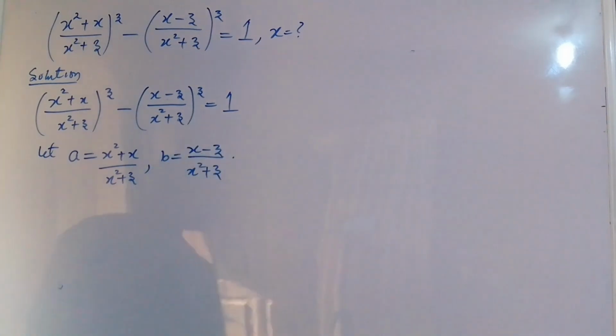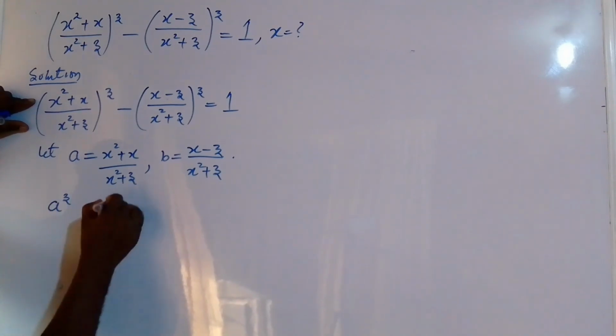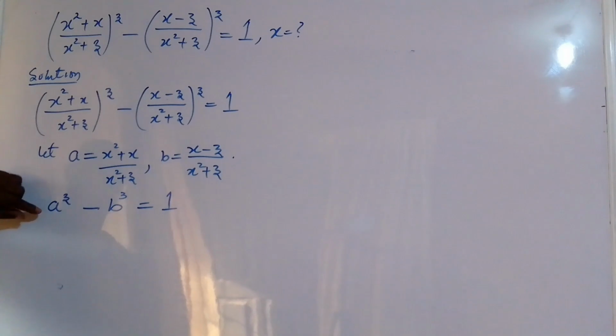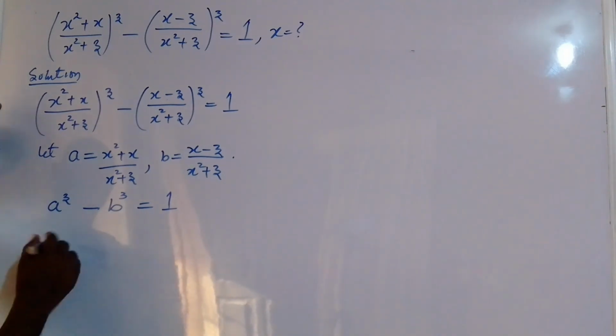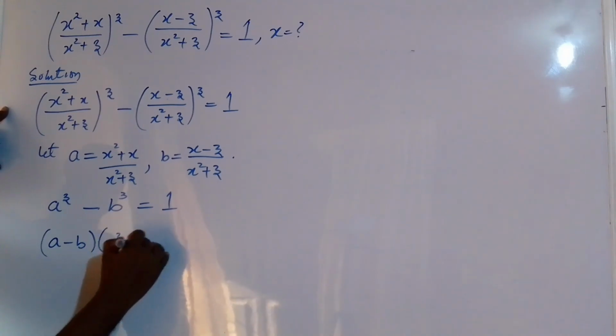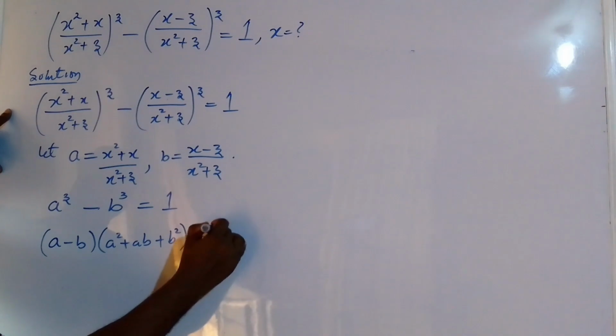Now, if we agree on this, the equation becomes a cubed minus b cubed equal to 1. And then we're going to use the algebraic identity for difference of two cubes, and that will be (a minus b) times (a squared plus ab plus b squared) equal to 1.